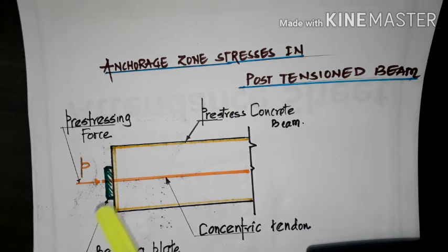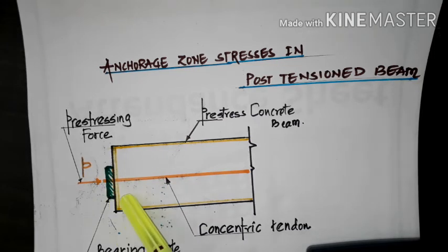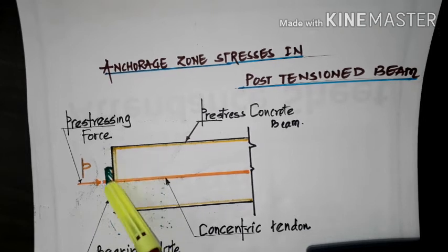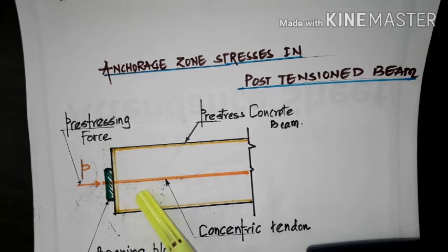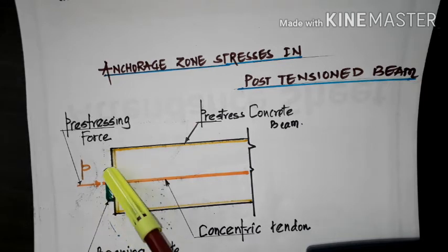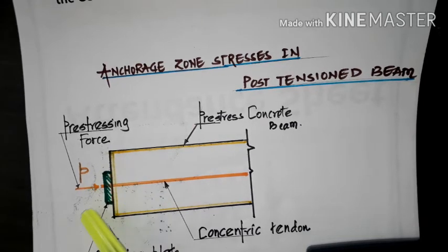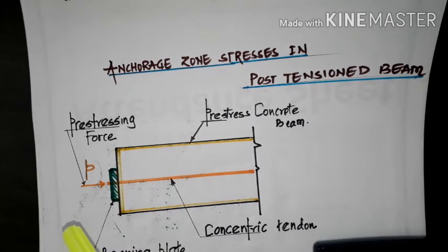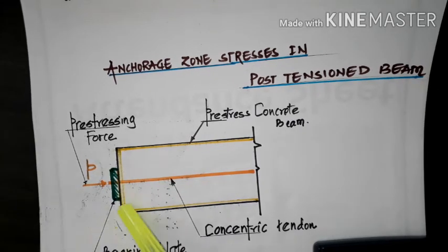So we can imagine that large concentrated forces are developed over a very small area, and they are applied at the end block. So, understood?